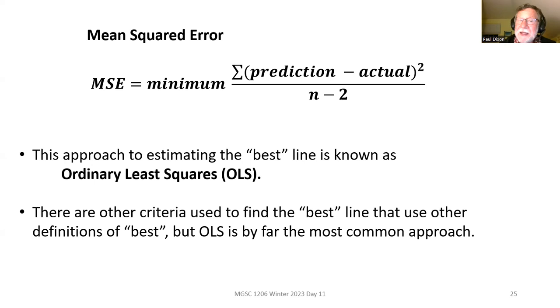And estimating that best line is known as ordinary least squares. Ordinary? It's because there are other types of methods that involve least squares where they do other things. But the simplest one, and we're keeping things simple, is called ordinary least squares. It's the most common approach that's used for fitting a line to a bunch of points.